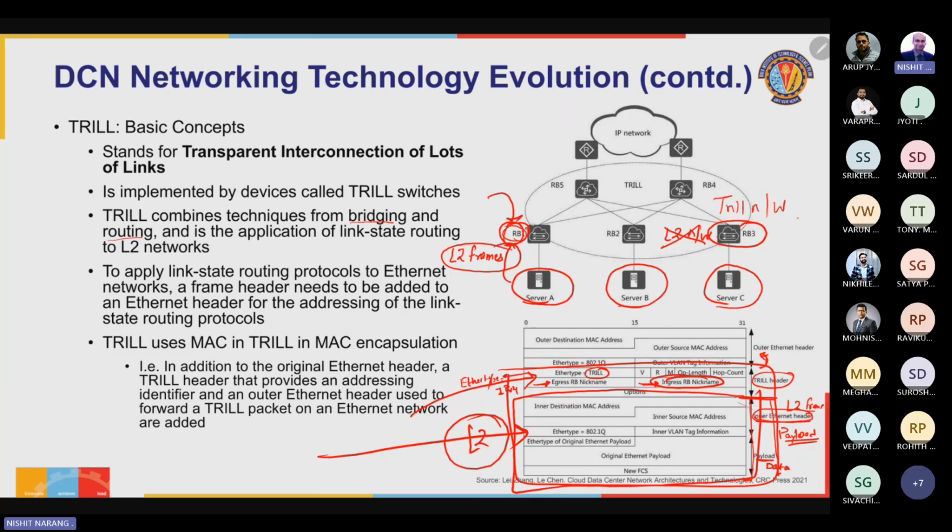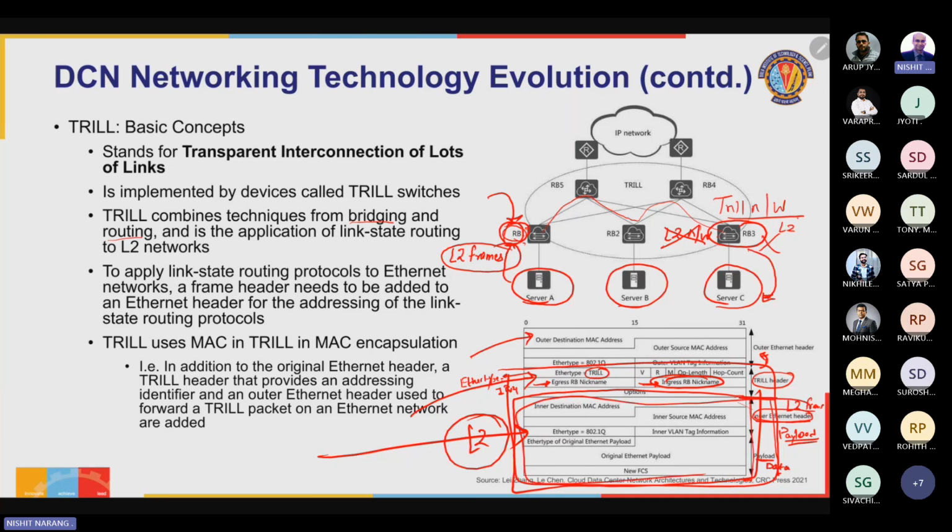When it gets forwarded, this Trill network also runs on top of a layer 2 protocol. It's a complete protocol stack. So it will once again get into an outer Ethernet header and get switched and routed through this network to reach RB3, from where the decapsulation will happen and the original L2 frame will go to the server.